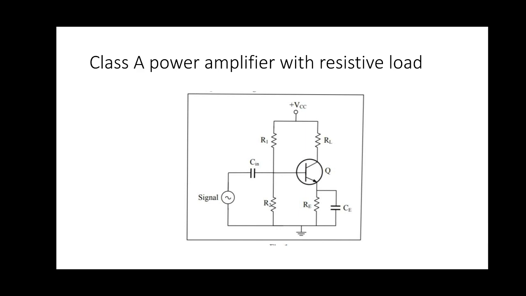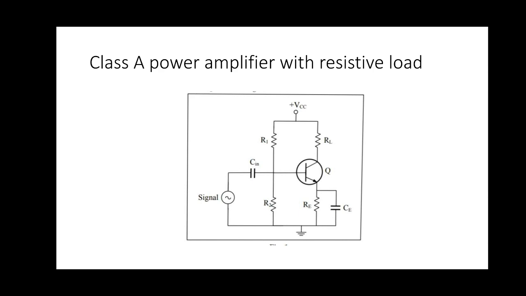A portion of the supply voltage is dropped in the resistors. The DC power that goes into the transistor is VCQ into ICQ. This represents the effective DC input power to the amplifier. Only a portion of this power can be converted by the amplifier into useful AC power when the signal is applied.